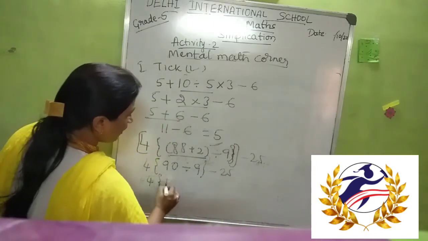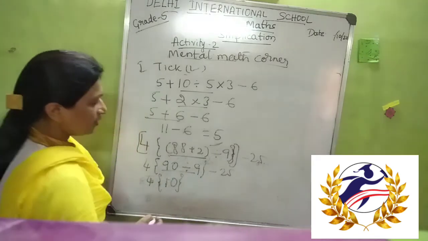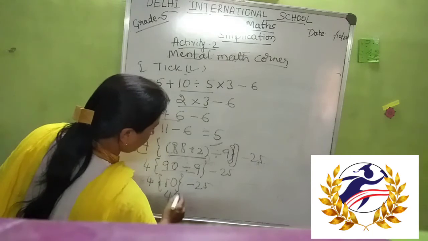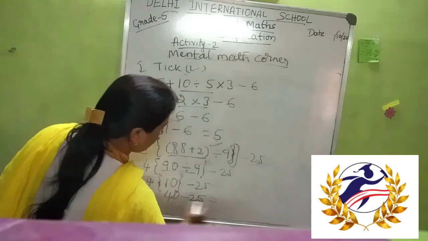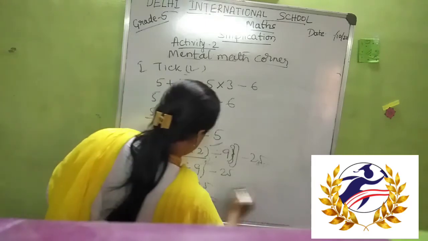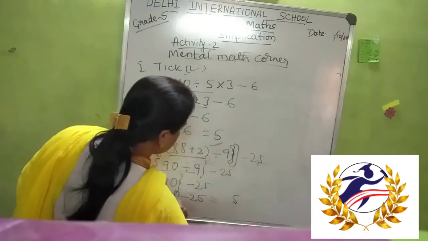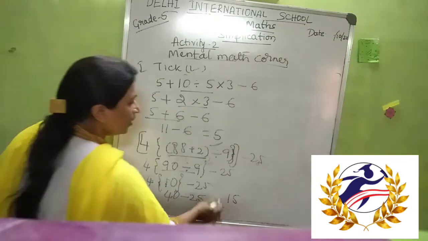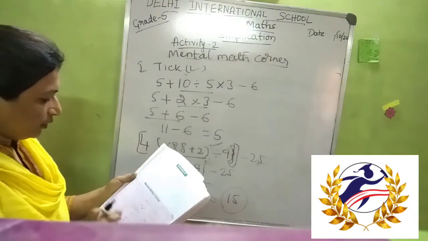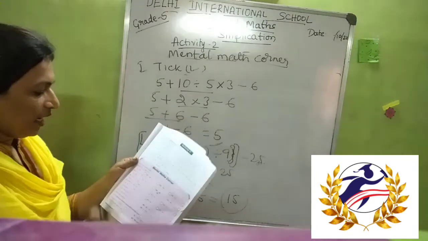So inside the bracket 10 will come. So 10 fours are 40. 40 minus 25 is, 10 minus 5 is 5, 3 minus 2 is 1. So 15 is the answer for the fourth one, so that is the second one.